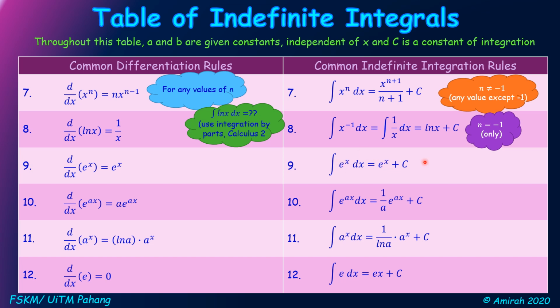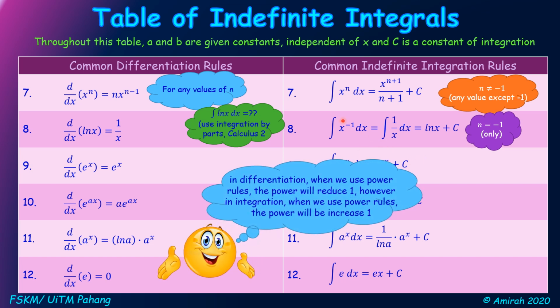Plus c. Notice that in differentiation, when we use the power rule, the power will reduce by 1. However, in integration, when we use the power rule, the power will increase by 1. But for the power rule for integration, n must not equal -1.